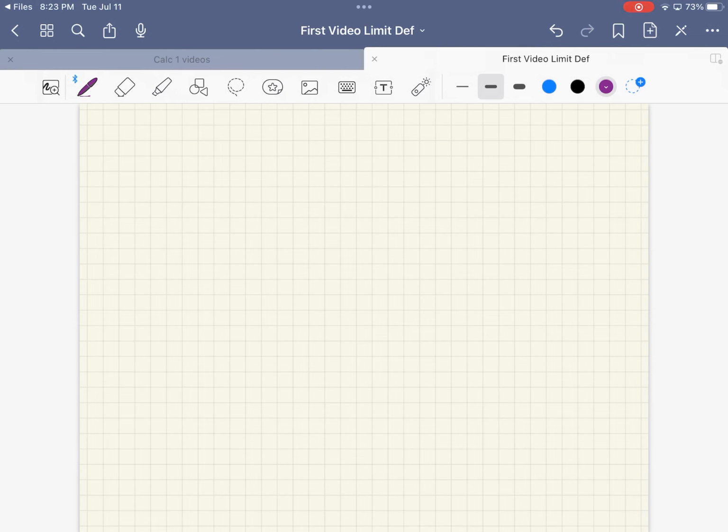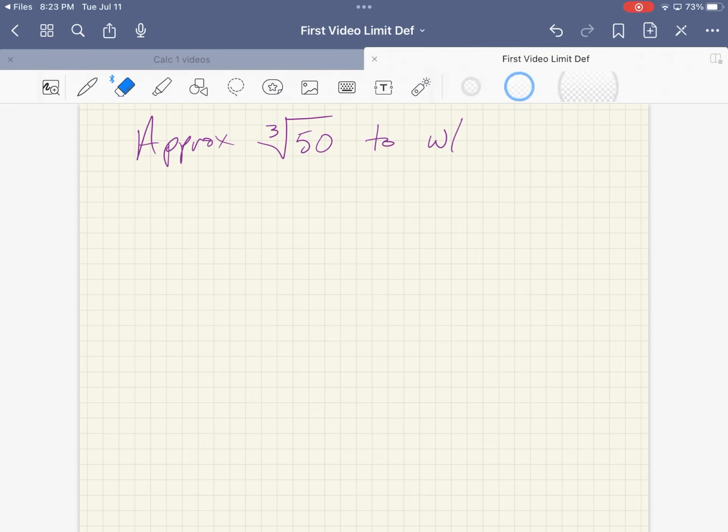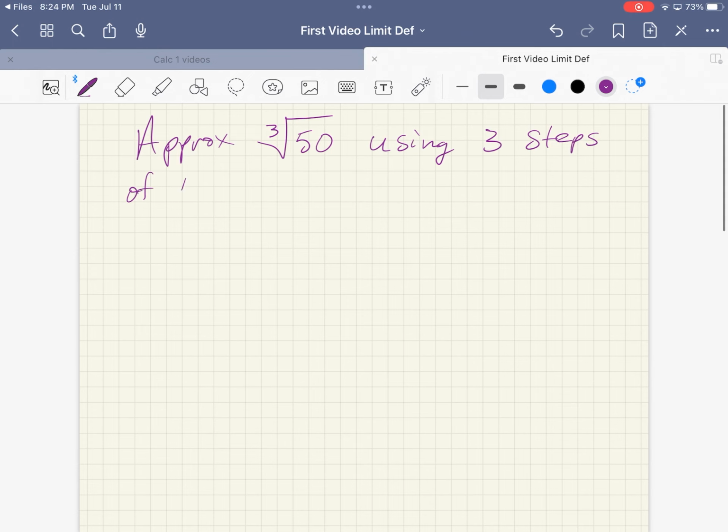So the goal here is to approximate the cubed root of 50 using 3 steps of Newton's method with initial estimate of x equals 3.5.